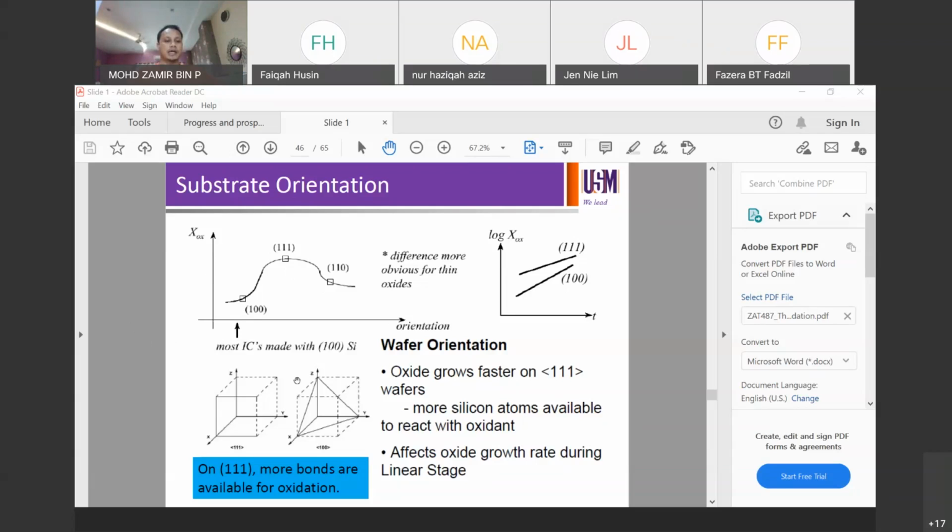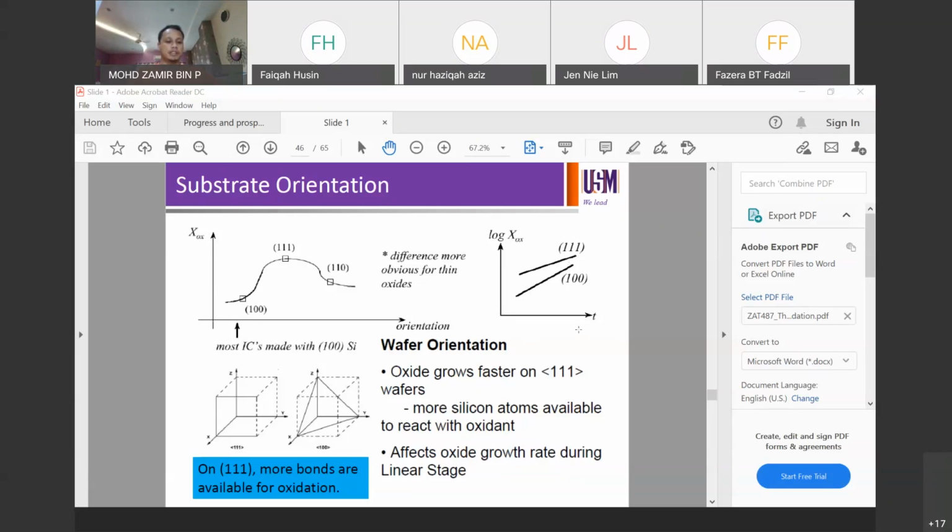Then how come most ICs are made with 100 silicon? Why do we use 100 silicon for integrated circuits? So if you plot the log on the right hand side, 111 will give you that trend, 100 will give you this trend lower than 111. Okay.